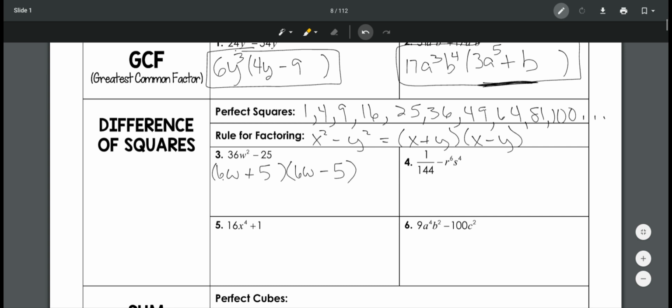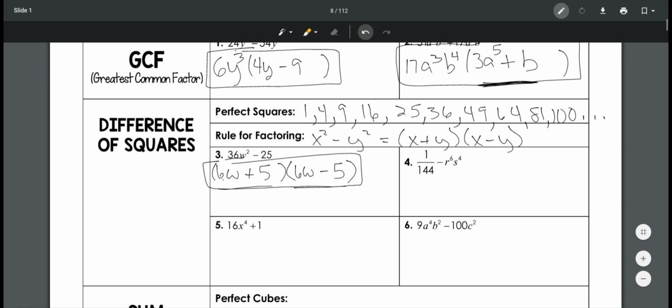Now, before I state that this is my answer, I make sure that I did not accidentally miss a greatest common factor opportunity. If you notice in the first group, 6w plus 5 have nothing in common but 1, and 6w minus 5, the same thing. So those are the factors of that difference of squares polynomial.